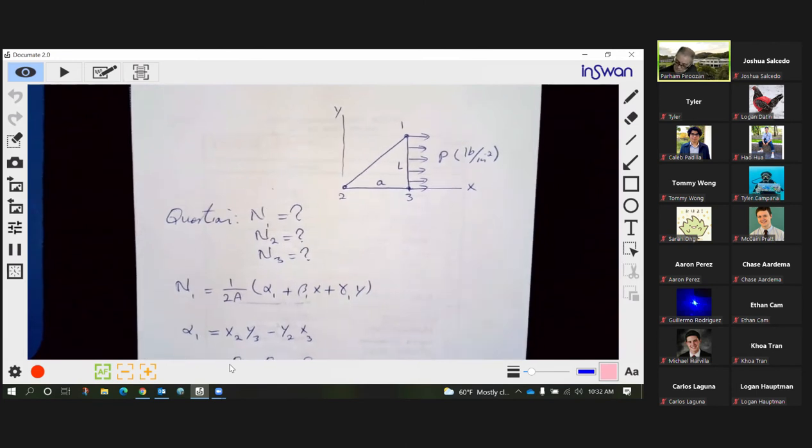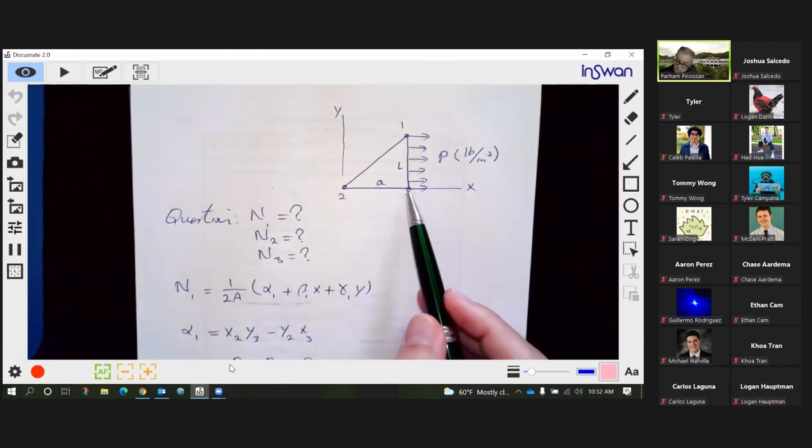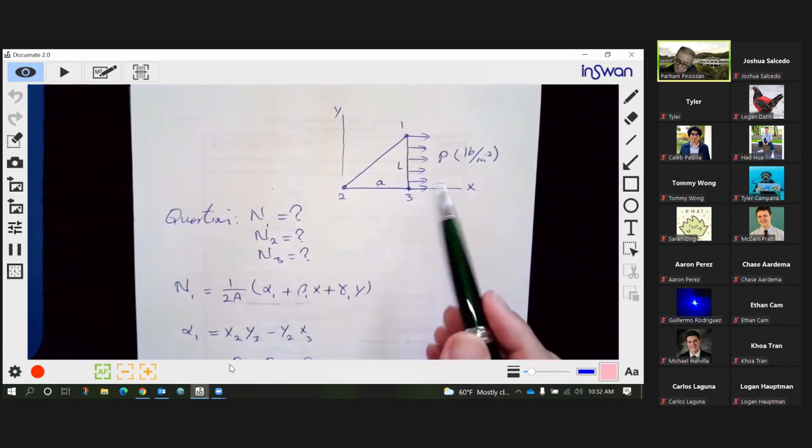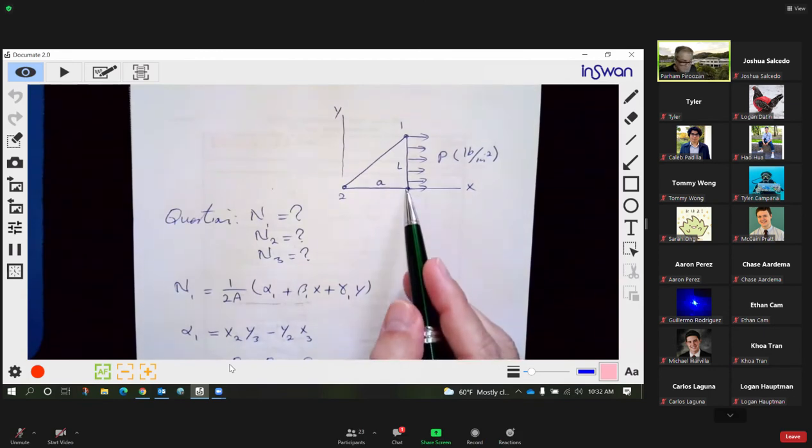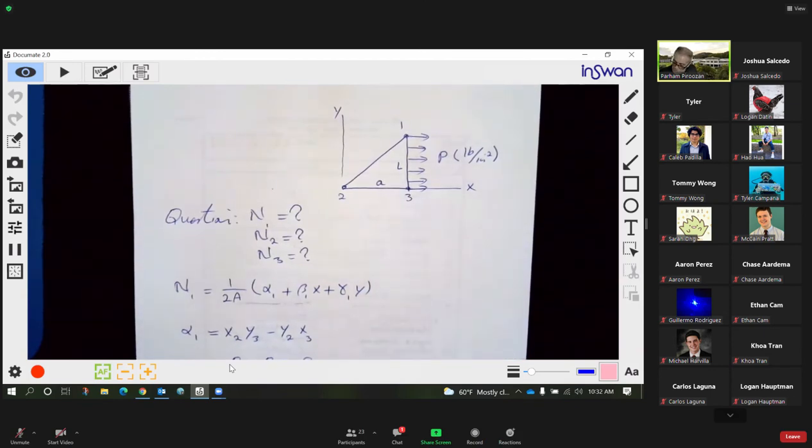What is the y of node 3? 0. So this is also 0. This is beta 1.